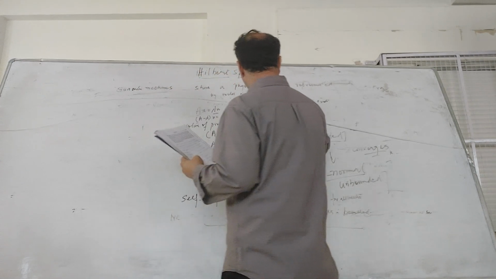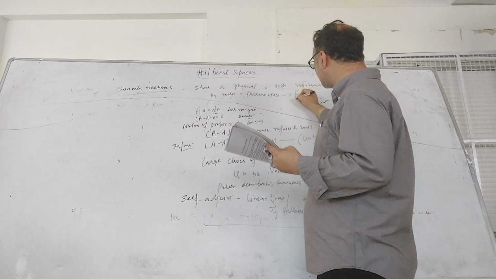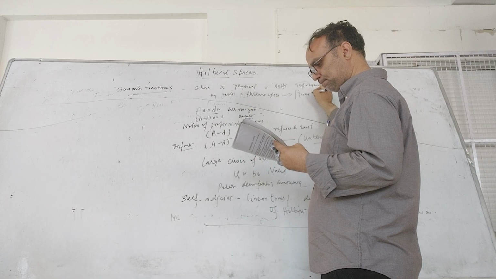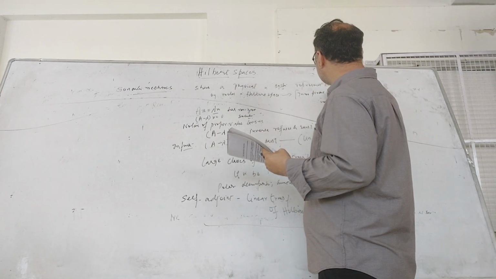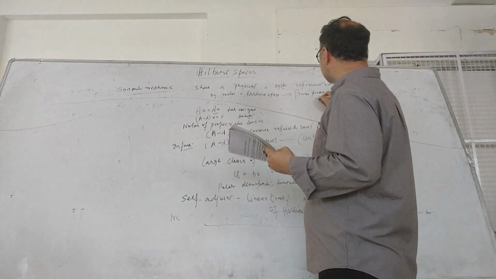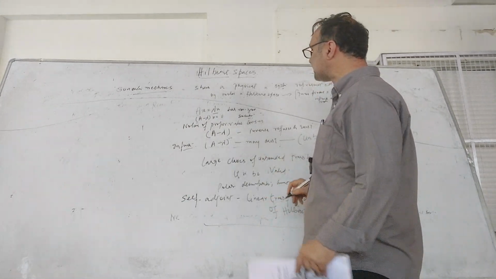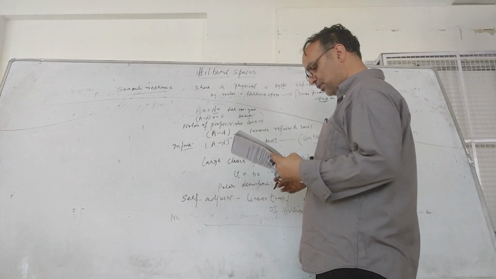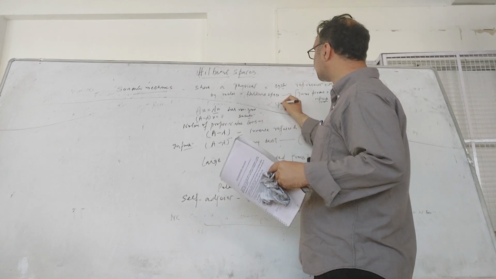And in the context of Hilbert space, it's an inner product space which is infinite dimensional. So it will naturally satisfy the linearity condition, where we define a wave function psi.